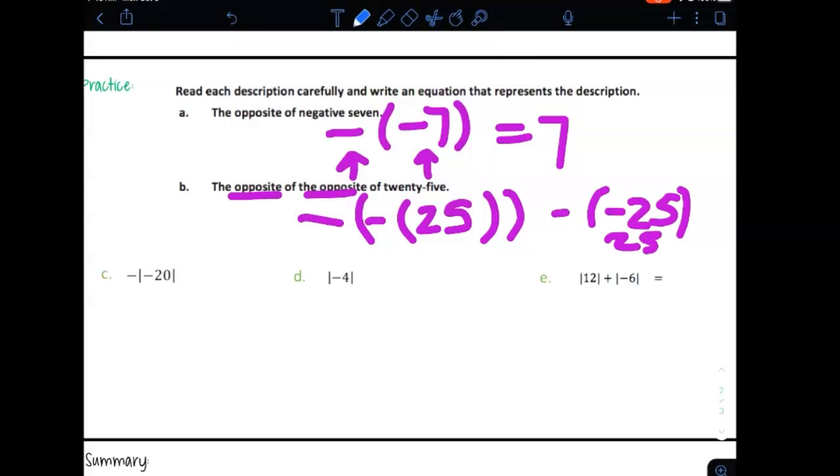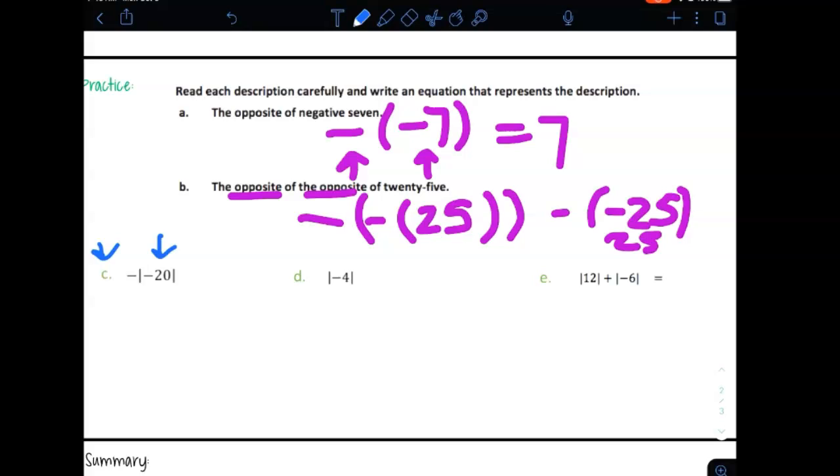Okay, so we've got some practice problems here. So this first one reads, letter C, the opposite of the absolute value of negative 20. So this time we have absolute value, not just parentheses. So that means we have to turn what's between the bars positive.